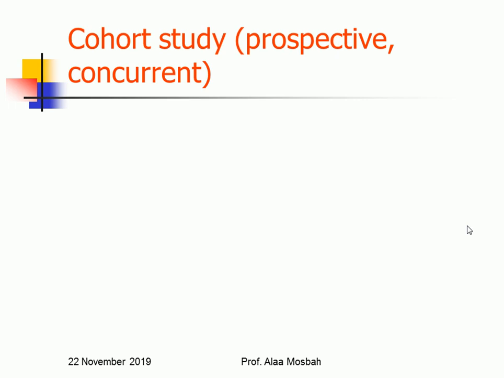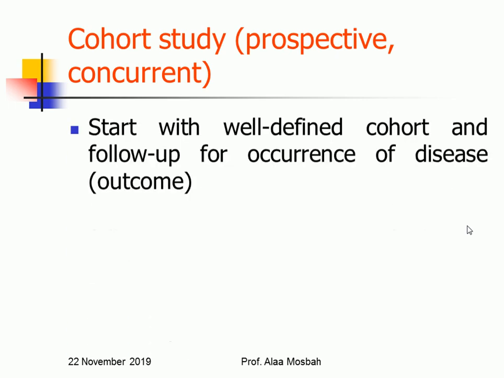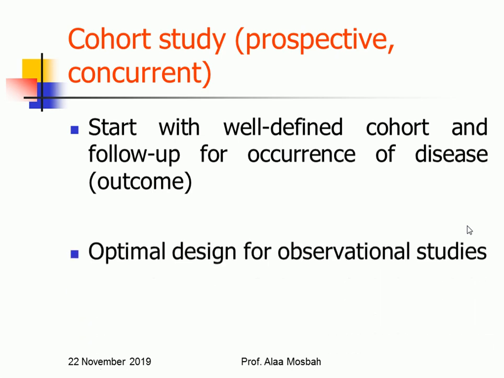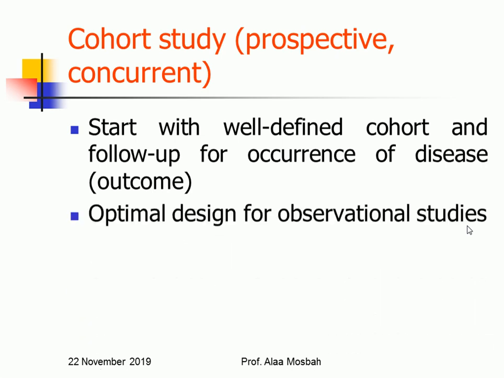What about the concurrent or prospective? Start with a well-defined cohort and follow up for occurrence of disease outcome. Optimal design for observational studies. And sure, it is the best one in observational studies.